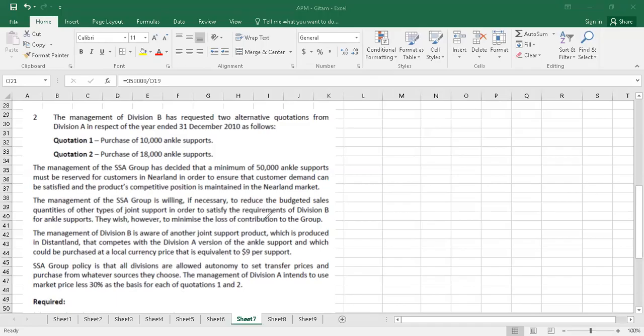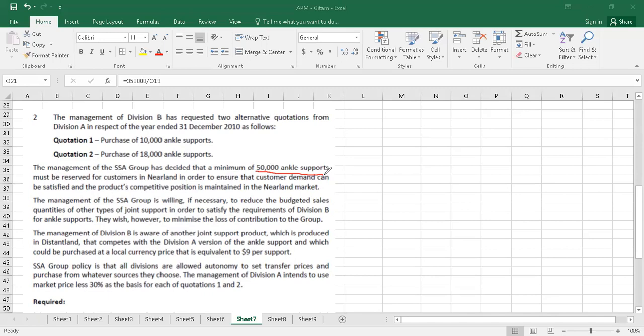Before this paragraph, the previous paragraph says that right now 50,000 ankle supports must be reserved for customers. So there can be no change in the number of ankle supports produced and supplied to the customers in Nearland. So they cannot cut down on the production of ankle supports, and ankle supports is ruled out.